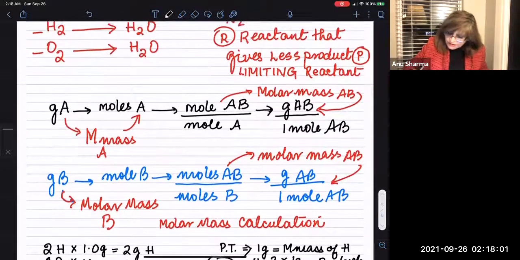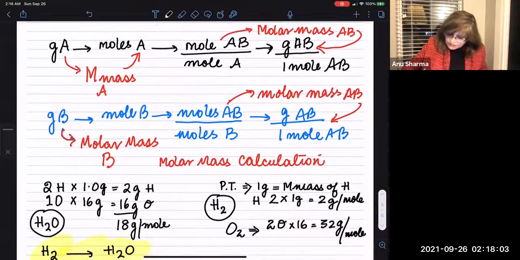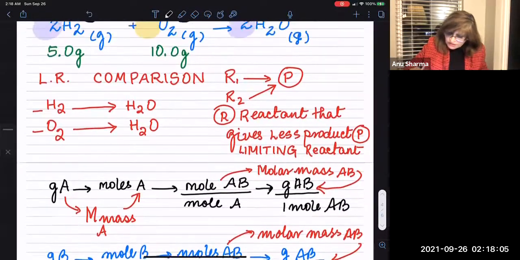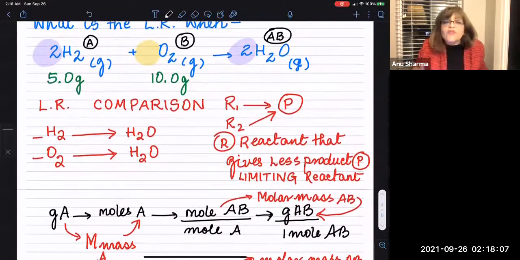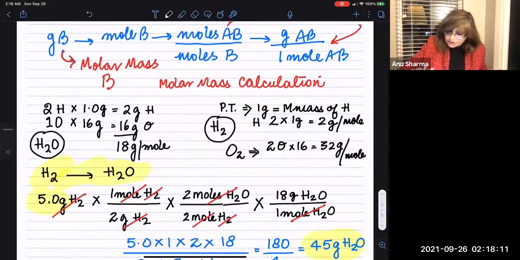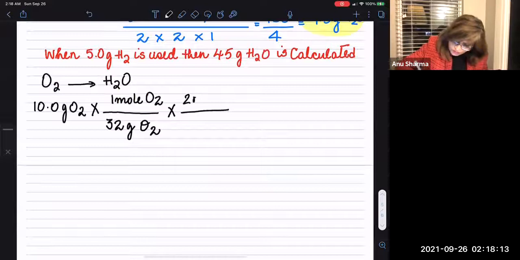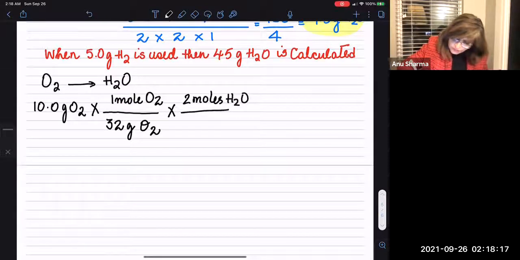So what was that? Where's the equation? Here. So we see that 1 mole of oxygen produces 2 moles of water. So that's what you will write here: 2 moles of water over 1 mole of oxygen, O2.